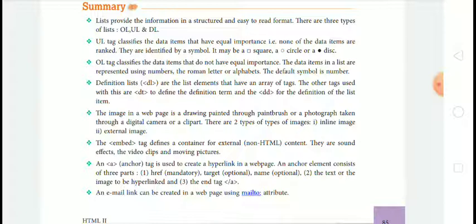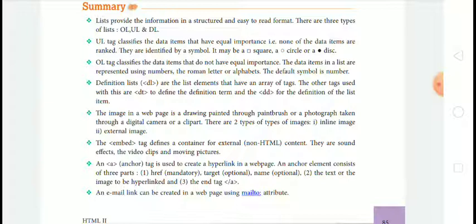Definition lists are list elements that have an array of tags. The other tags used with this are DT to define the definition term and DD for the definition of the list item.